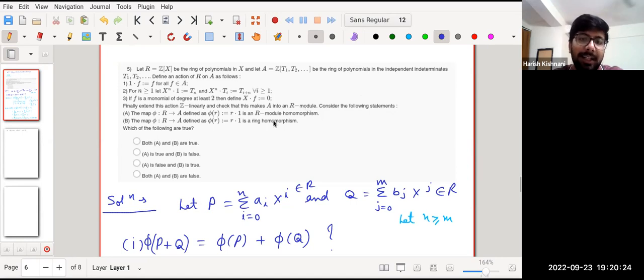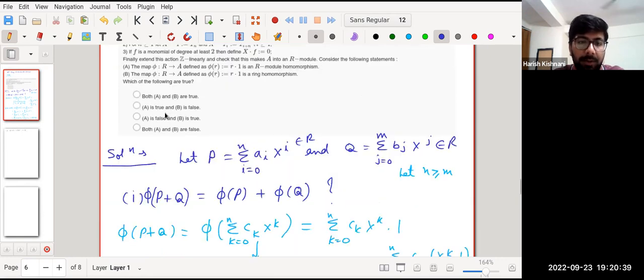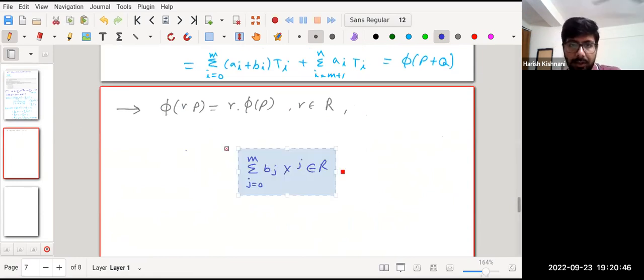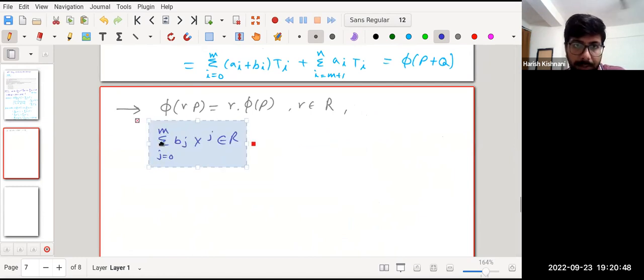So it's underlying what possible module structure you have over R, the natural one, the multiplication inside the ring. So this scalar will be from the ring R, and this polynomial is already there. So let me just paste.